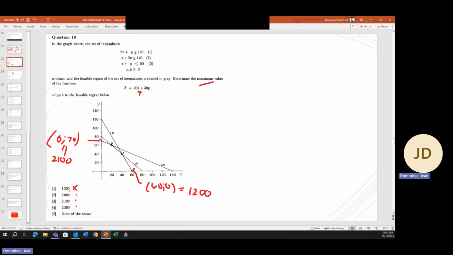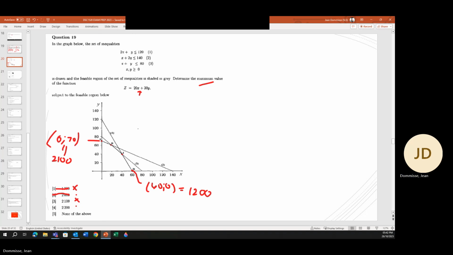So already we now know that those two are not answers. The maximum value will be 2,100 unless one of those other points are the points that we need to look at.